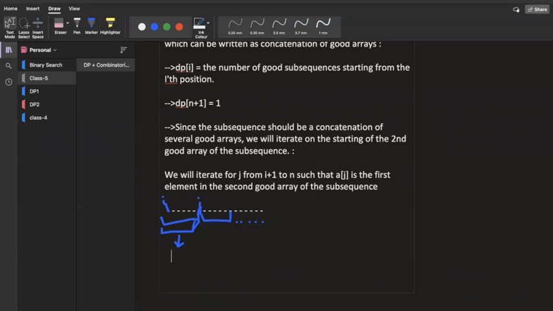Remember, the definition of a good array is that the first element should be equal to length minus 1, right? So how many elements should be there in the first array if it is starting from the ith element? This is a really easy problem. So anyone can write it in the chat box.